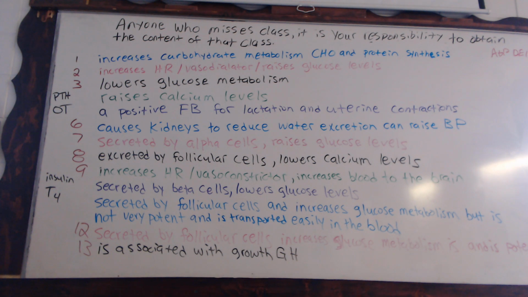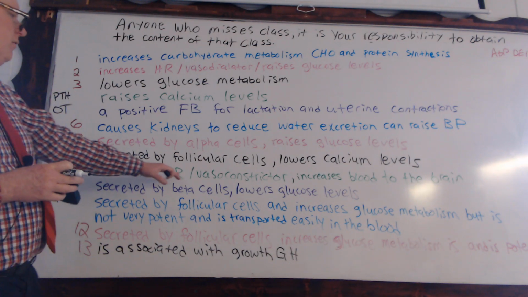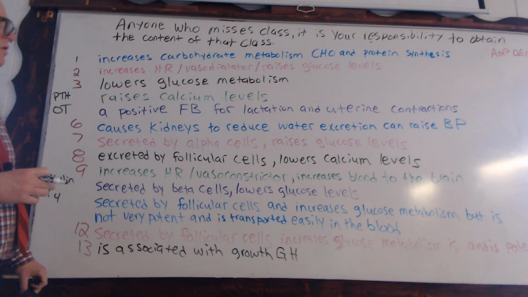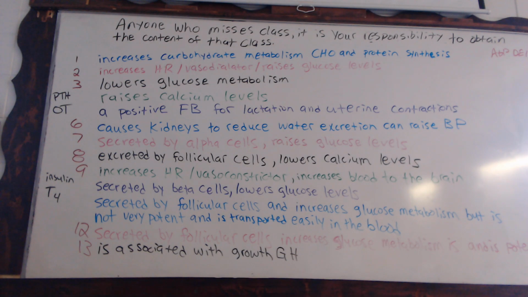Okay. So then, as we look at this, increases heart rate, it's a vasoconstrictor, increases blood to the brain. That is not epinephrine, though. What does GH stand for? Growth hormone.